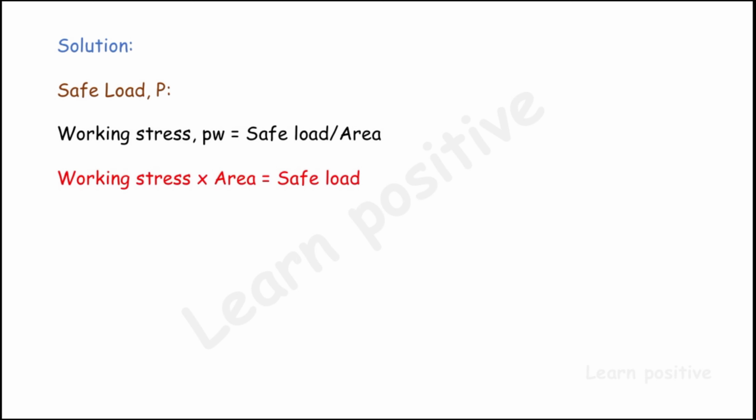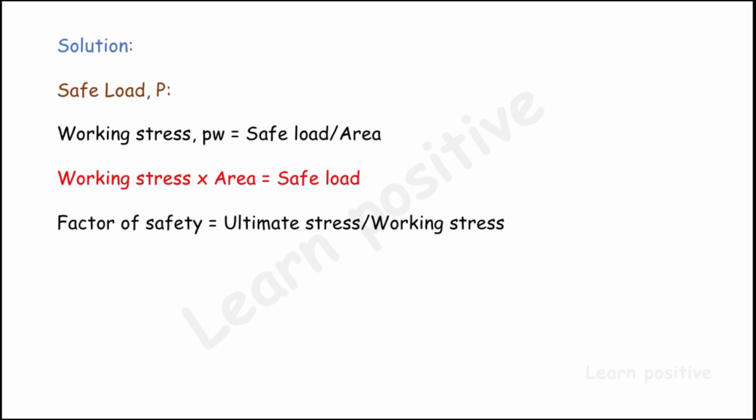Now I want to know what values we have. We don't have the value of working stress and the area. So first we have to find the working stress and area, then we will proceed with this formula. Where do we find the working stress formula? From the factor of safety. The formula of factor of safety is ultimate stress divided by working stress.